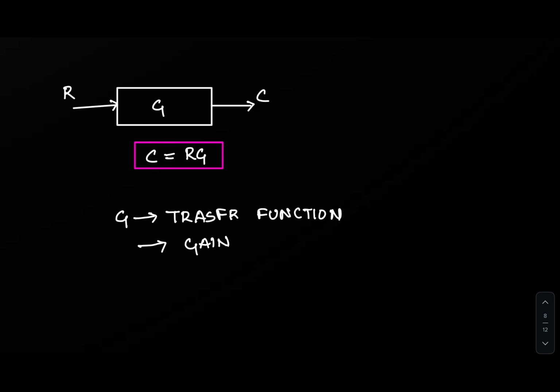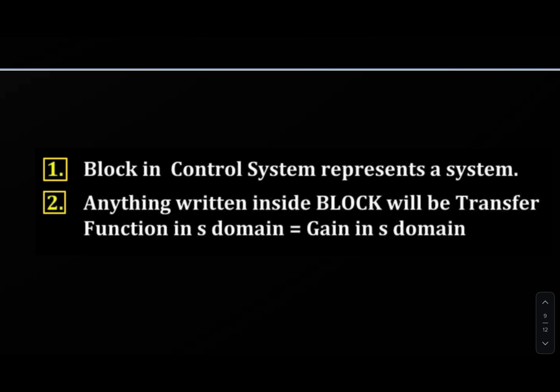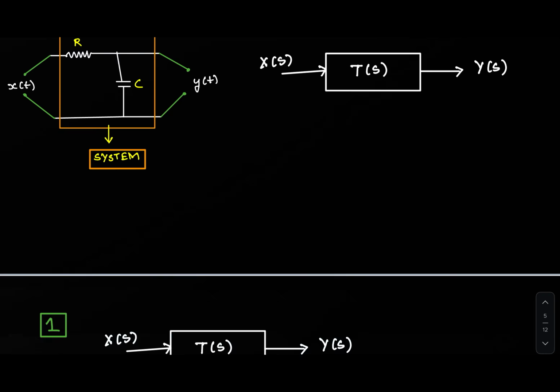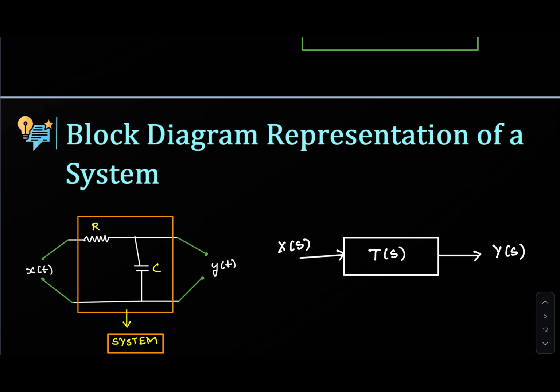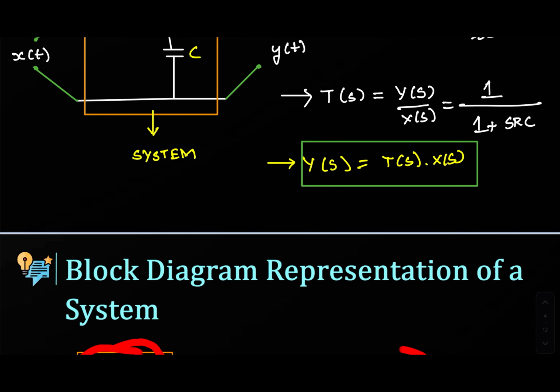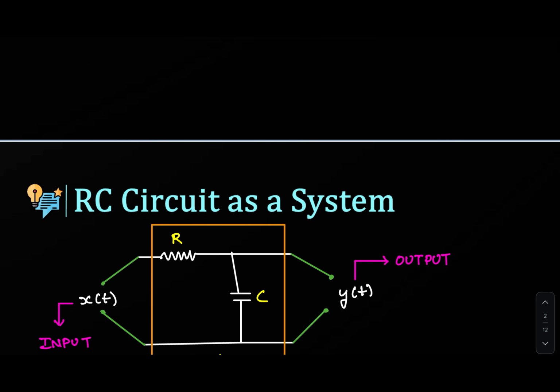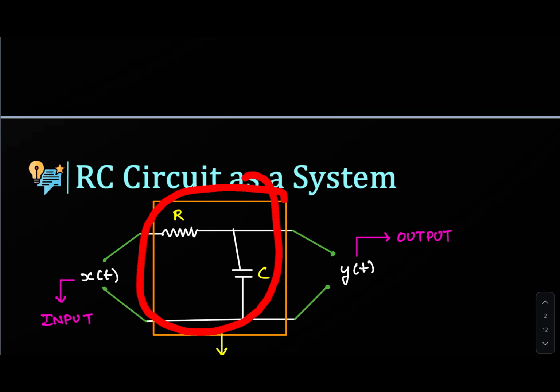So whatever we wrote, have given here, that is a block in a control system represents a system. As we have seen here, this block is representing my system.